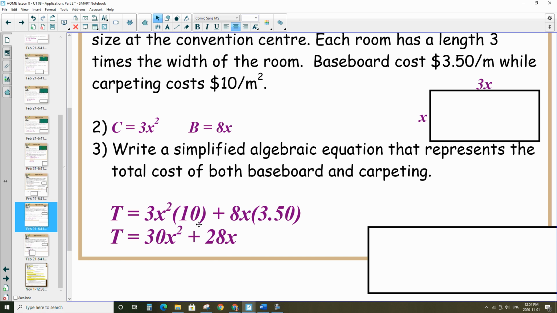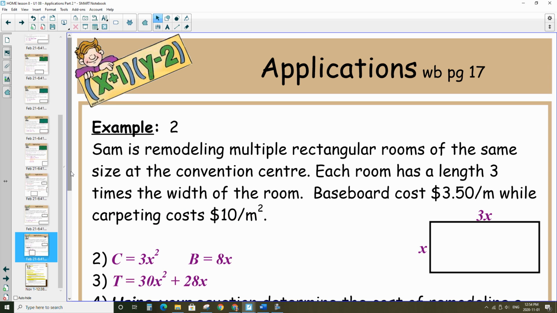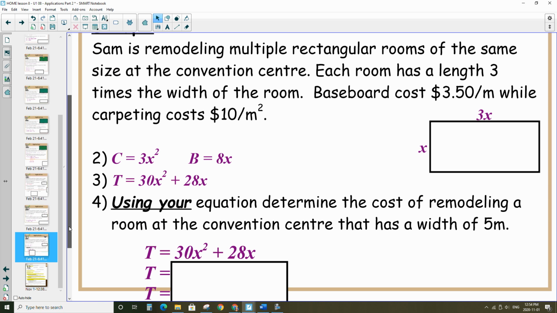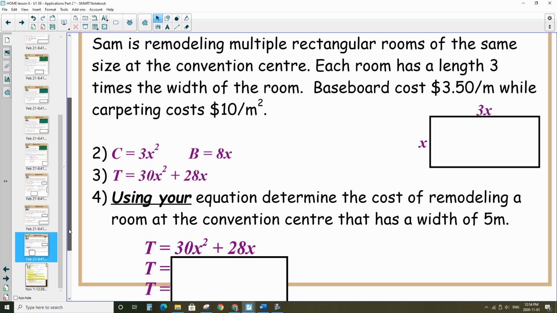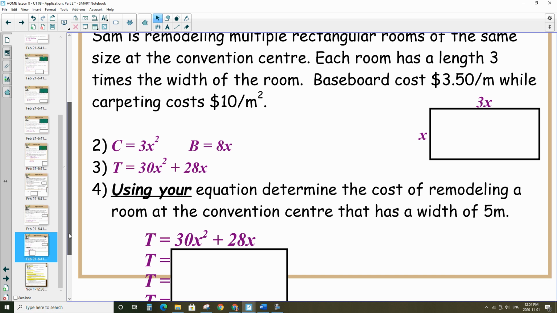So now we have a general expression for total cost, which allows us to determine the cost of remodeling that room with the following information. We want to determine the cost for a width of 5 meters.